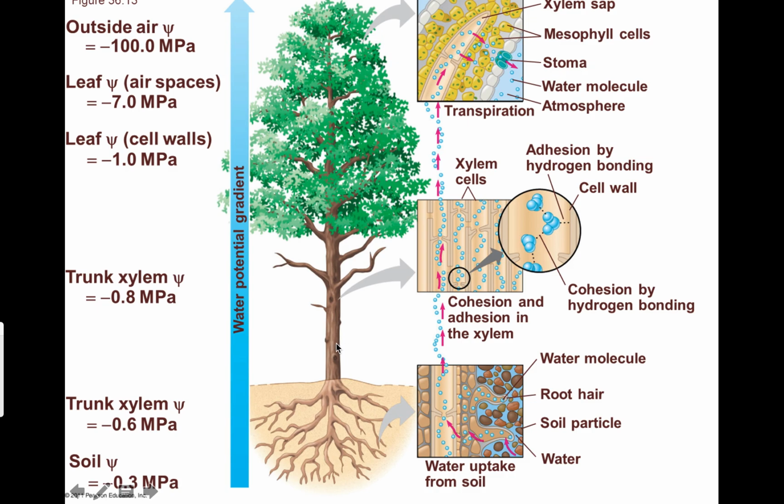Water can't move much higher than 4 feet, but as cohesion and adhesion in the xylem work together, these water molecules are attracted to each other. Now, they wouldn't have anywhere to go, but up here at the top, here's the stoma. These water molecules are released. They're used in photosynthesis in the leaf, and then they're released into the atmosphere.